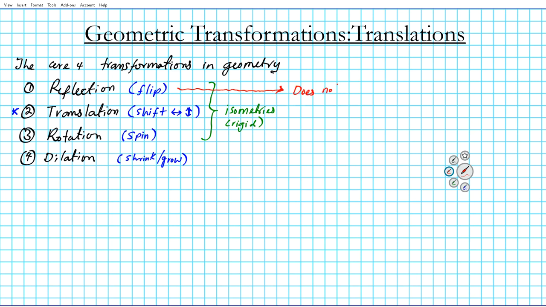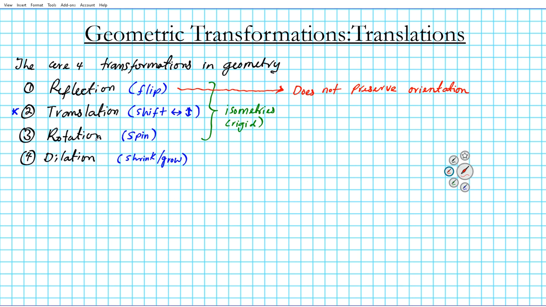Does not preserve orientation. So if you take a look at the order of the vertices, when you carry out the reflection, and you look at the order of the reflected figure, you notice that it's changed, all right?